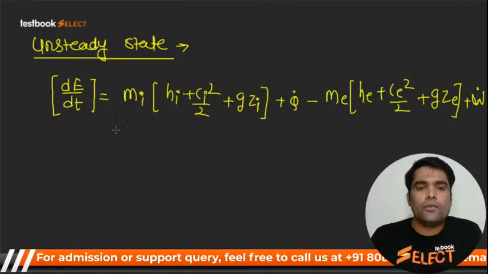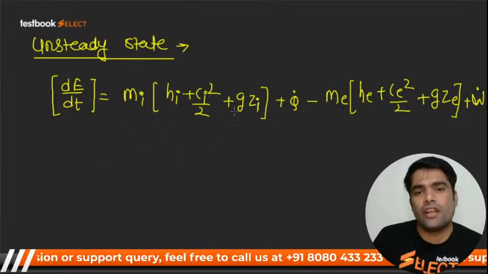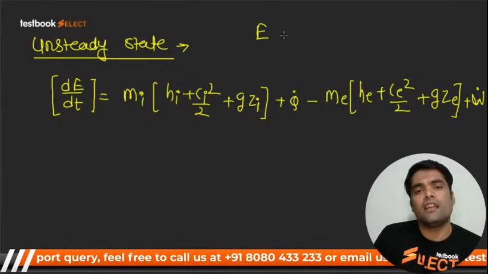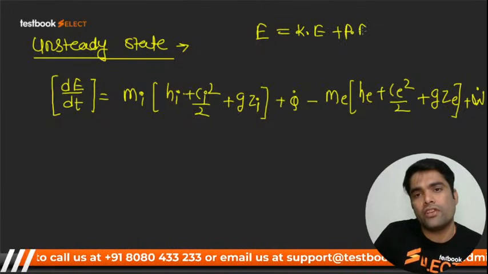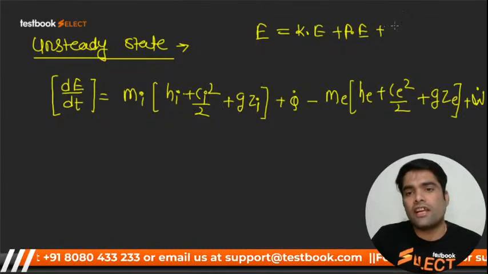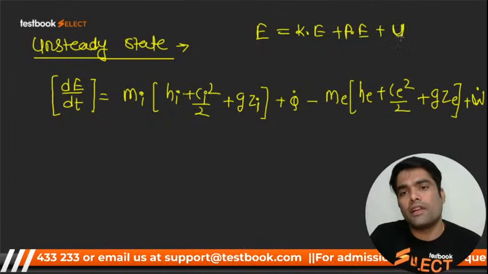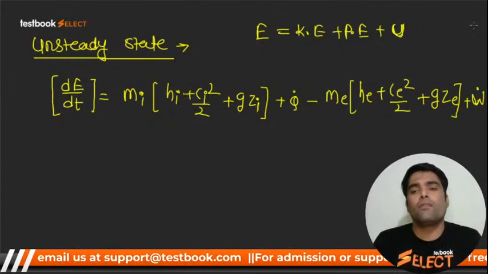If you neglect the kinetic energy and potential energy, and you know that the internal energy of the system is made of what, my dear? Kinetic energy plus potential energy plus energy at molecular level, that is U, plus any other form of energy.